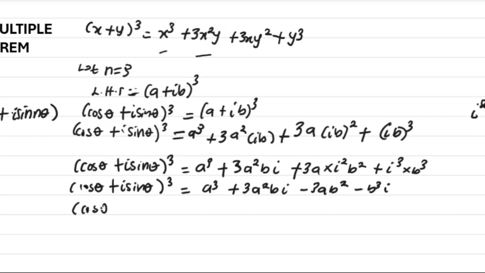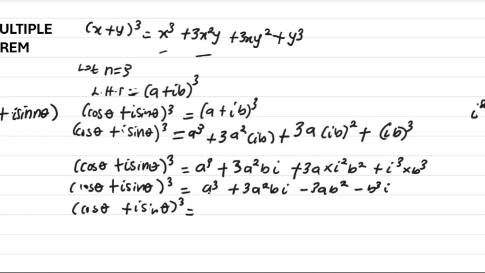Cos theta plus i sine theta raised to power 3 is going to give us, when we collect the like terms, the real parts and the imaginary parts. We collect real parts with real parts, then imaginary parts with imaginary parts.